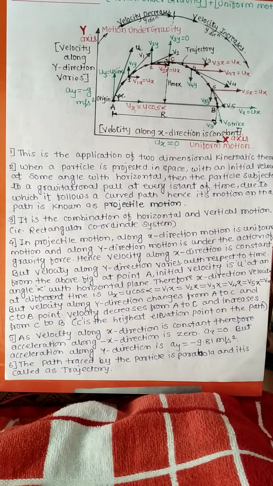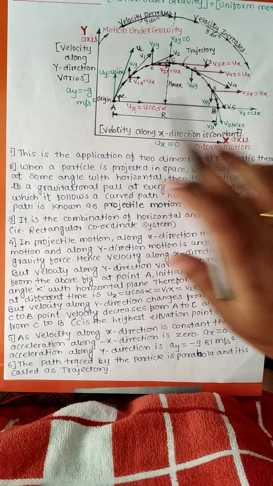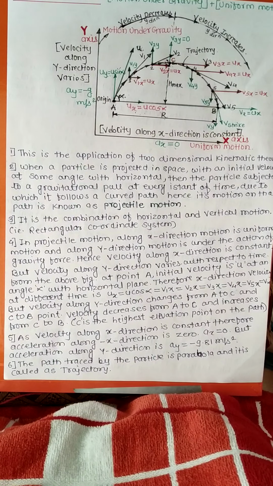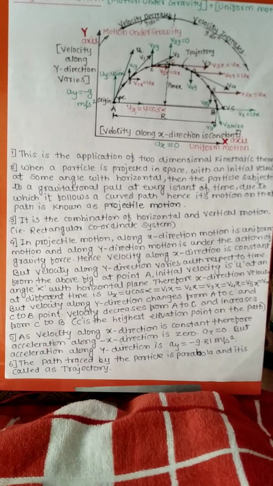At the point B, there is a striking velocity that we can define with two components, along the x and along the y direction. Now, the basic terms that we have to highlight in projectile motion are these.